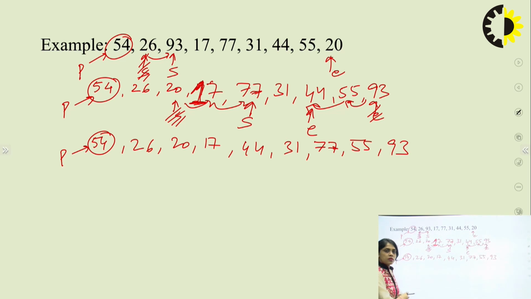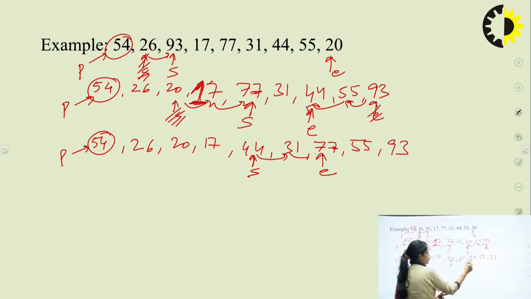And it is like this. This is your start, this is your end. Start and end. Now again we will start comparing. It is smaller, it is smaller, it is larger, we will stop here. Then it is smaller, we will stop here.